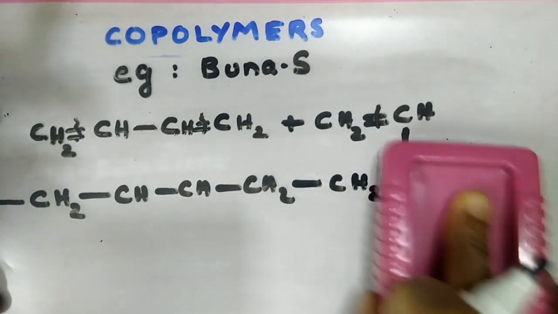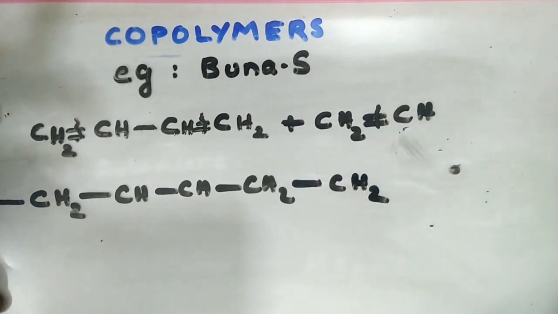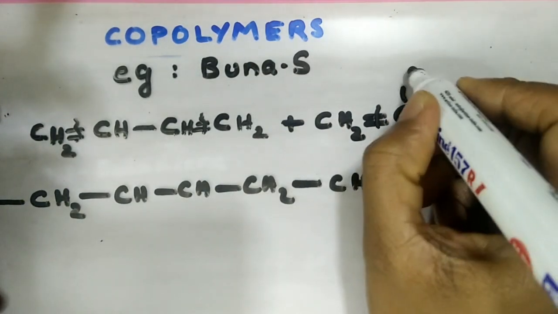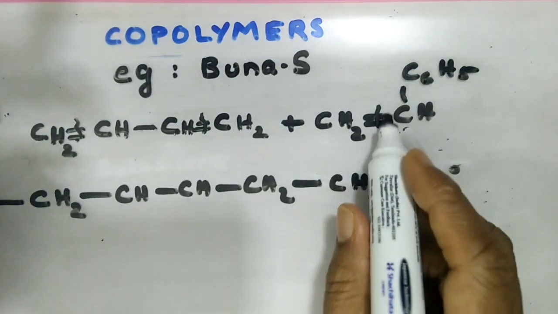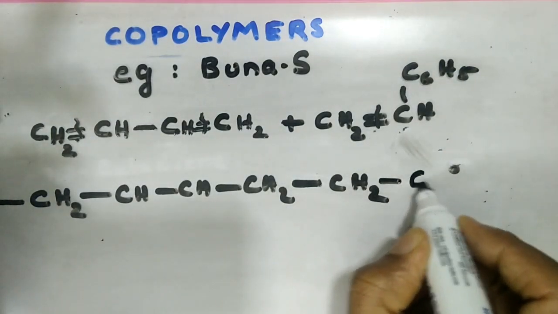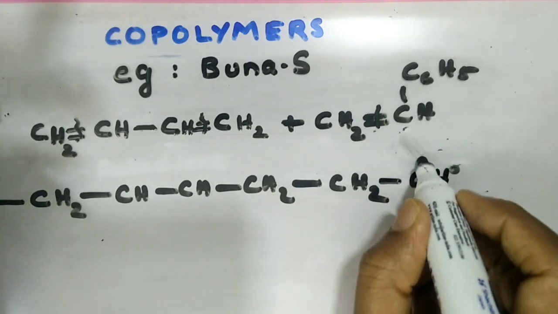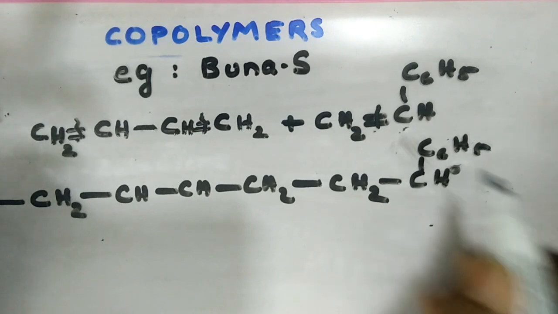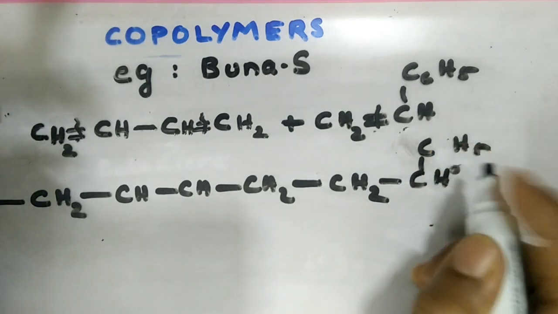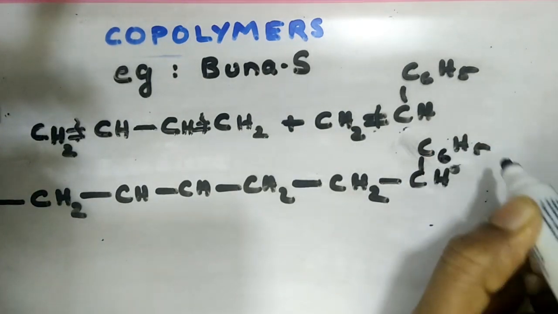I am writing C6H5 here. Okay, so this single bond I am writing, then CH, this one C6H5. This is C6H5, can you see that? C6H5.